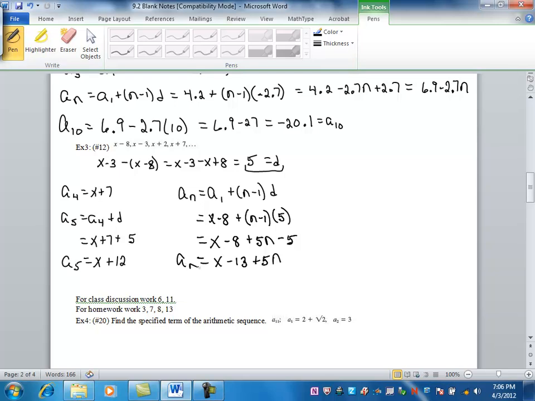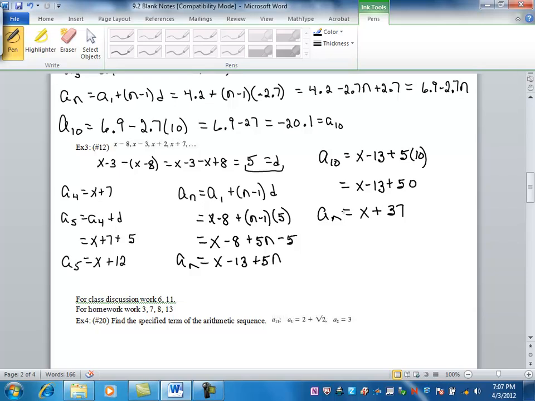There's my nth term. And then my 10th term, a sub 10, is x minus 13 plus 5 times 10. So I've got x minus 13 plus 50, and so this gives me x plus 37. So there's our 10th term in this arithmetic sequence.